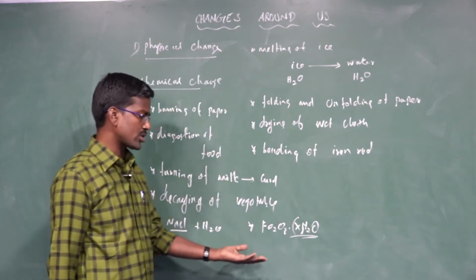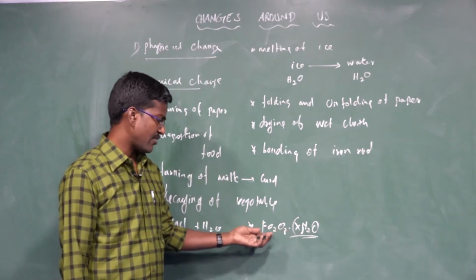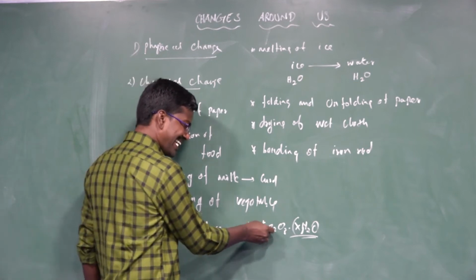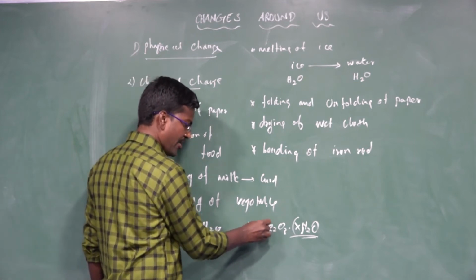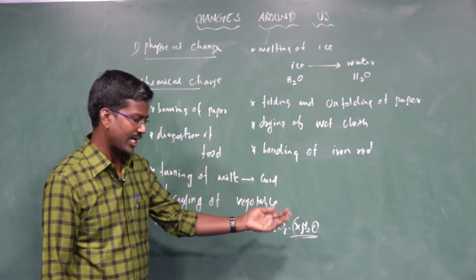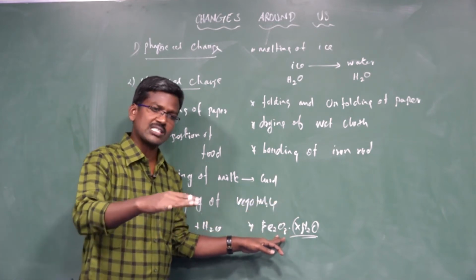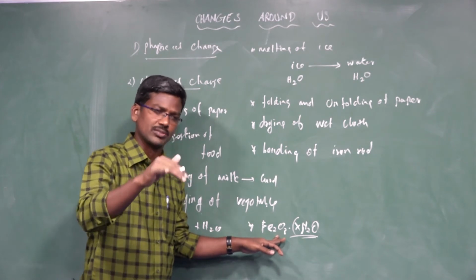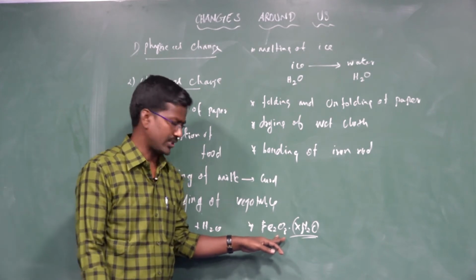Sometimes 2 moles, 3 moles or 5 moles are there. The ferric oxide, Fe2O3, combines with the water molecules to form rust. So rust forms on the surface of the iron sheet. It is a chemical change reaction.